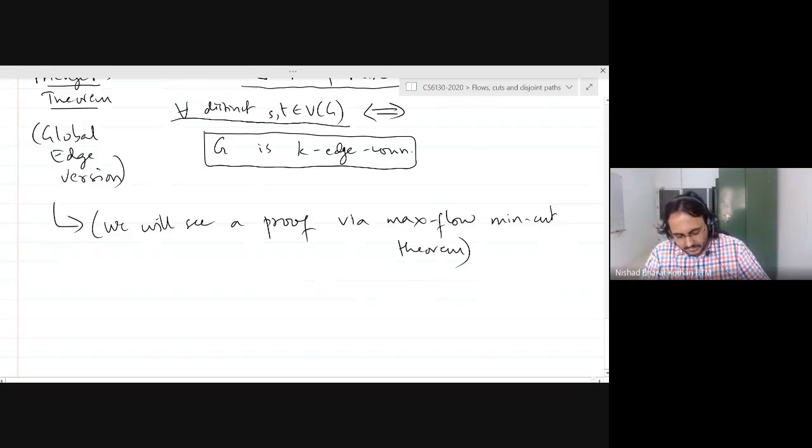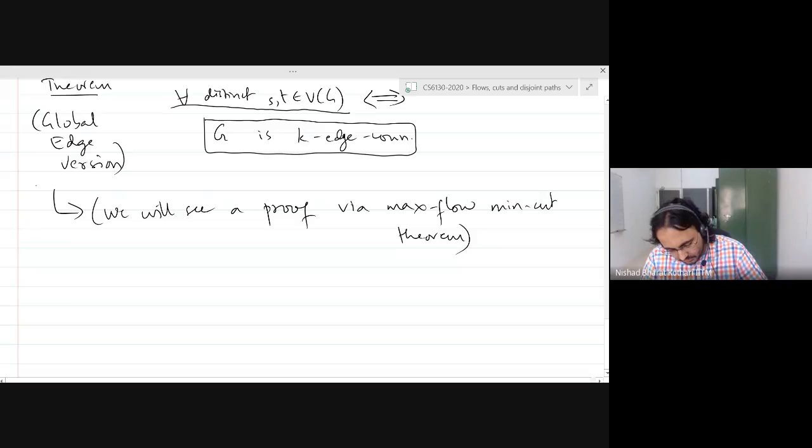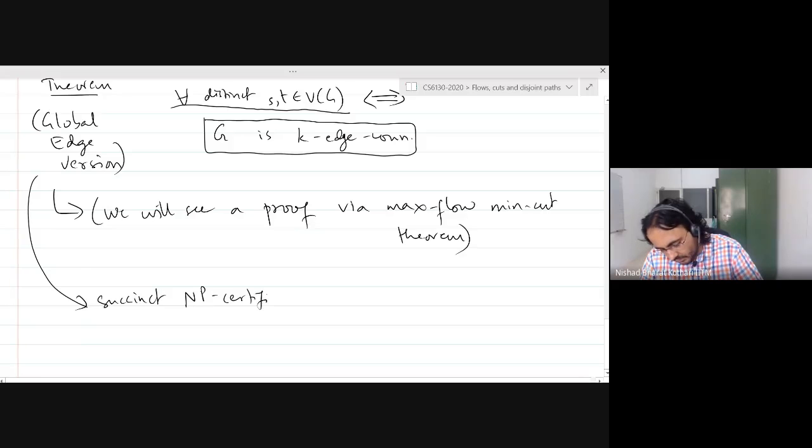So this gives you a succinct NP certificate, much better than the one we discussed before, for k-edge connectivity. Right?